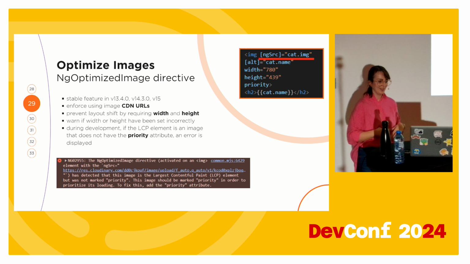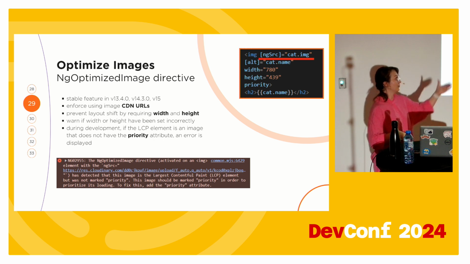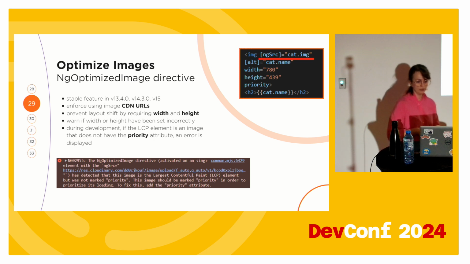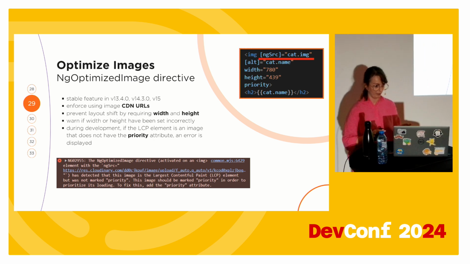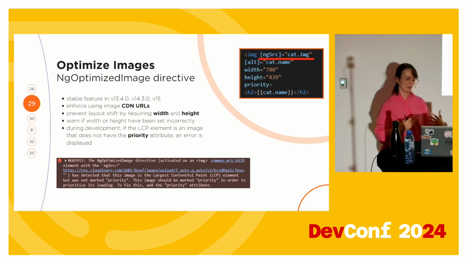First of all, it enforces using image CDNs. This is the first benefit, but of course, you can use a normal path. It's no problem. It prevents layout shifting, so it requires width and height.